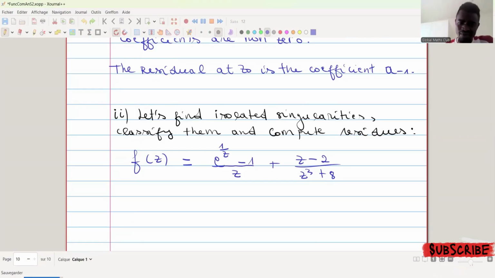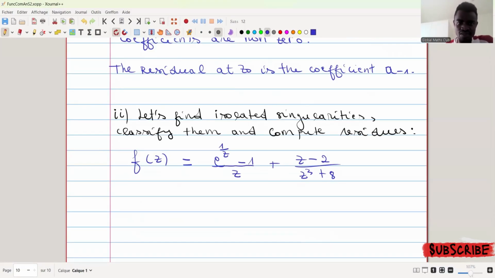So what we are going to do here is split this function into two functions, f1 of z and f2 of z. We are first going to look at the singularity of f1 of z.